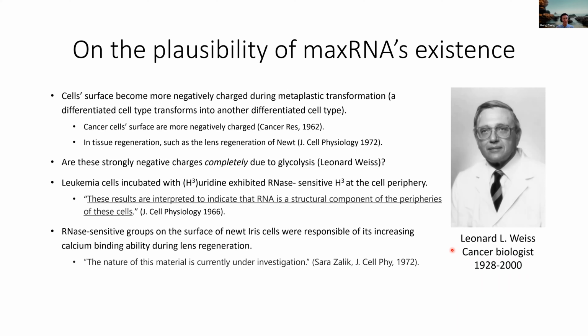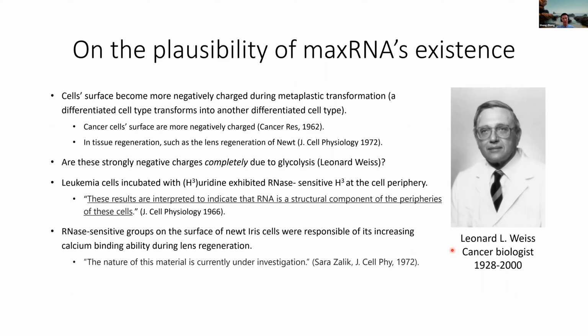So in the 60s, it was already known that cells undergoing metaplastic transformation, that is like a transdifferentiation or cancer generation process, tend to have cell surfaces that are even more heavily negatively charged. Like cancer cells tend to be more negatively charged than their precursor.